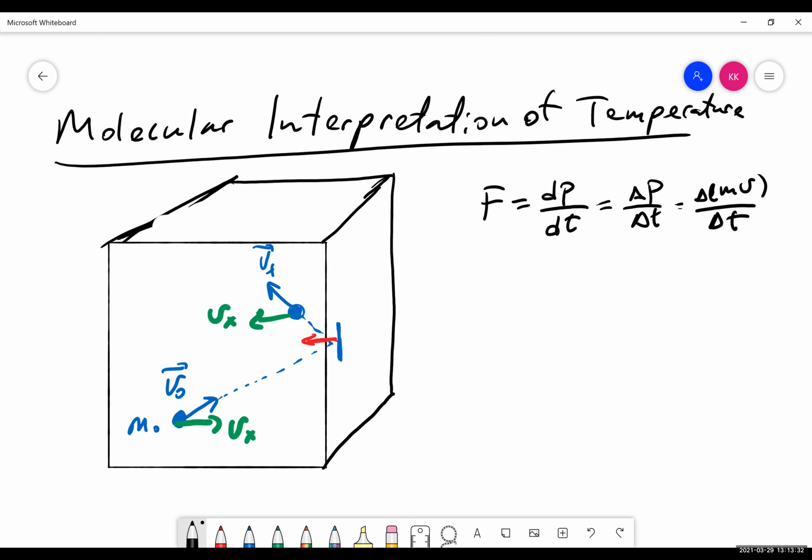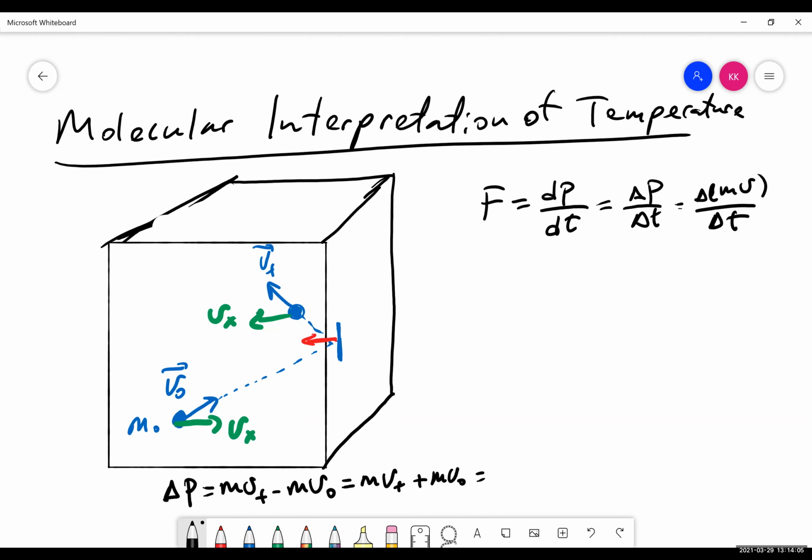Remember, delta p is the change in momentum, which is m times v final minus m times v initial. Because v initial is to the left, and assuming the speed is exactly the same before and after but the direction is not, it ends up as m times v final plus m times v initial. They have the same speed before and after, and the negative cancels out because the direction is opposite after the collision.